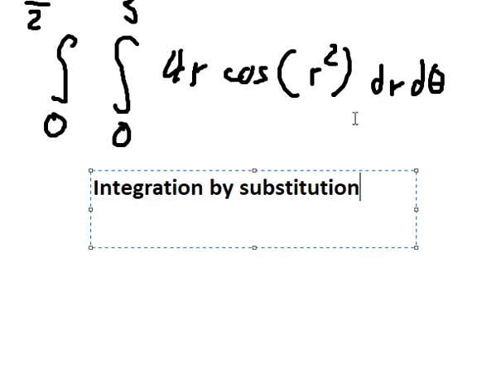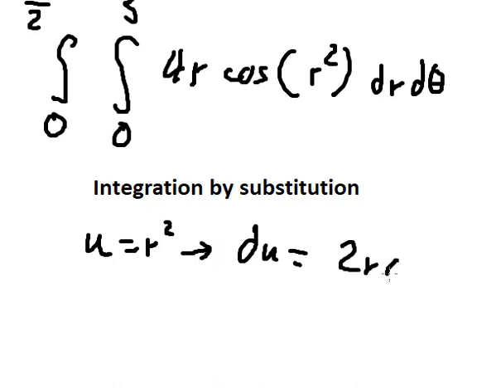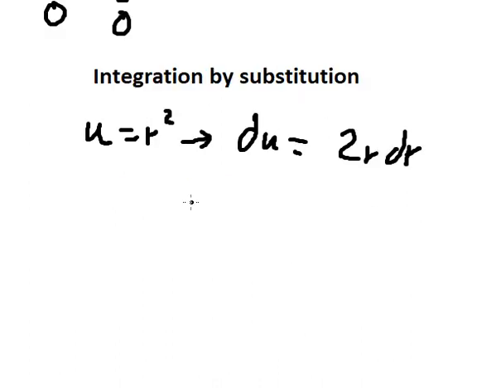So I will put u equals r squared. Later we need to do first the derivative for both sides, and we got like this. This one is 4r, this one is 2r. So we need to multiply both sides by number 2.